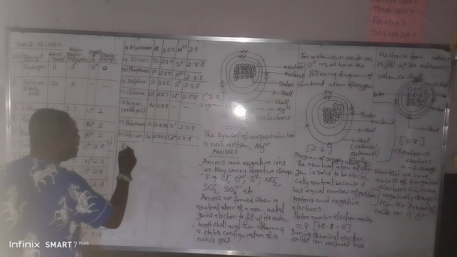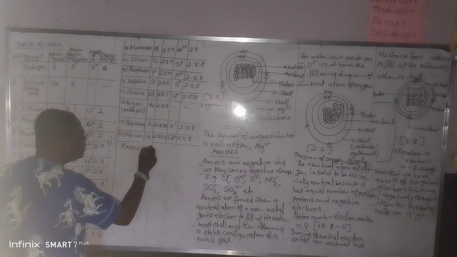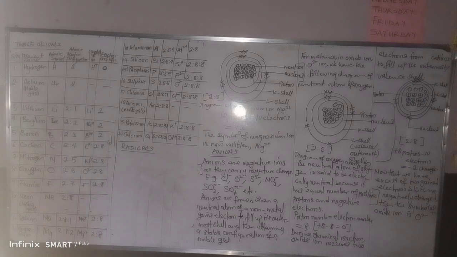Let's now talk about radicals. Don't forget, when we're talking about ions, I told you that an ion is an atom or a group of atoms. We have just concluded in the first part ions as atoms that carry a common charge. Now radicals, a group of atoms that carries a common charge.